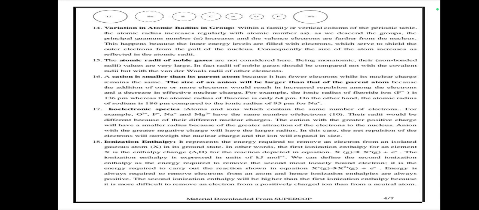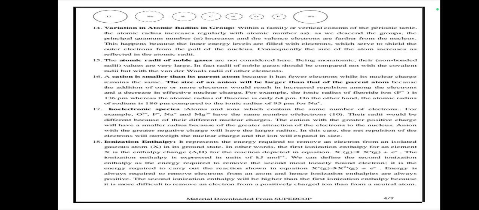Next point is variation in atomic radius in a group. Within a family or vertical column of the periodic table, the atomic radius increases regularly with the atomic number as we descend the group. The principal quantum number n increases and the valence electrons are further from the nucleus.